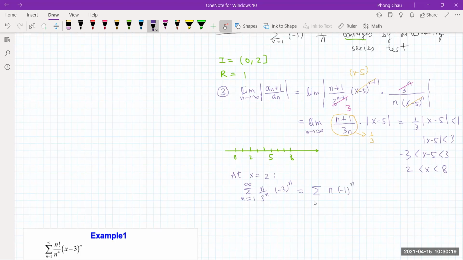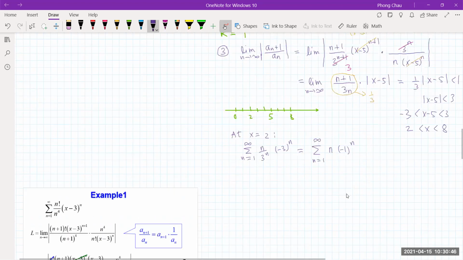Essentially that is an alternating series, but with b_n equal to n. If you write it down, it's really -1, +2, -3, +4. So the alternating series test doesn't work, because the limit of n as n goes to infinity does not approach 0.